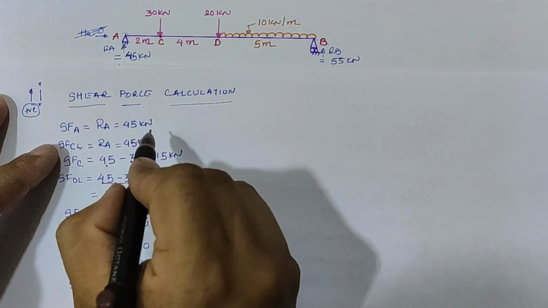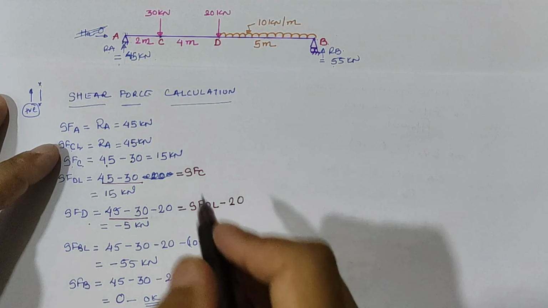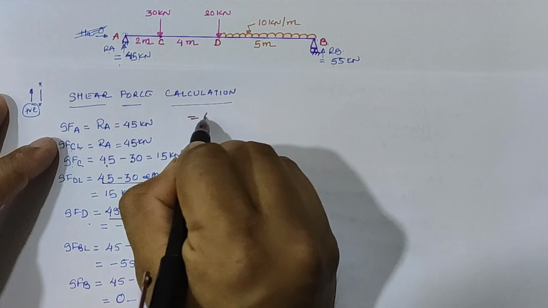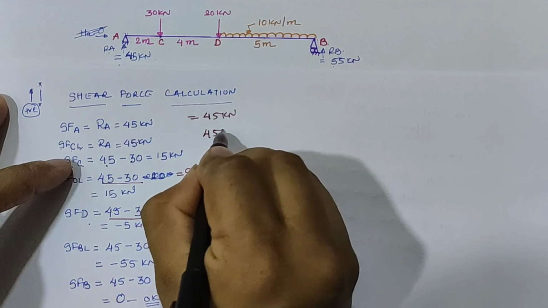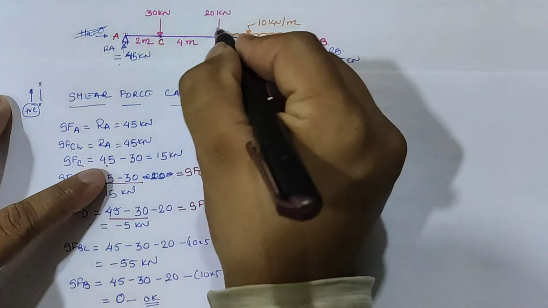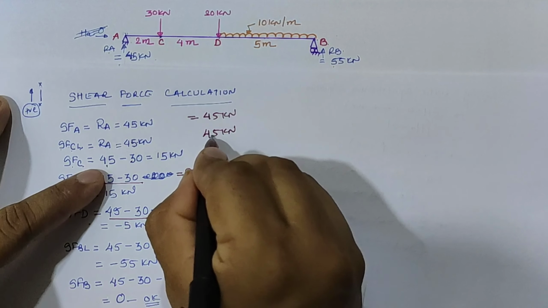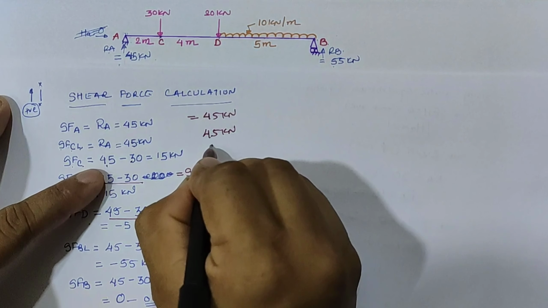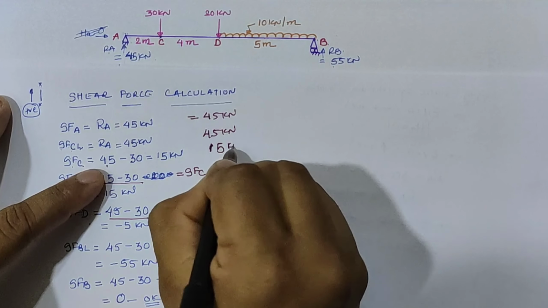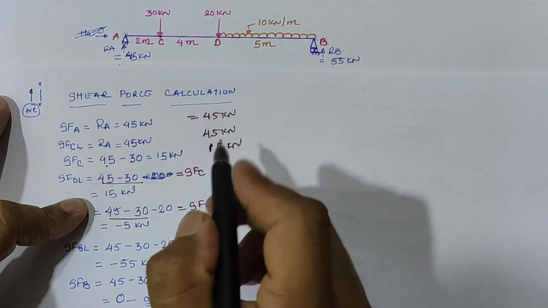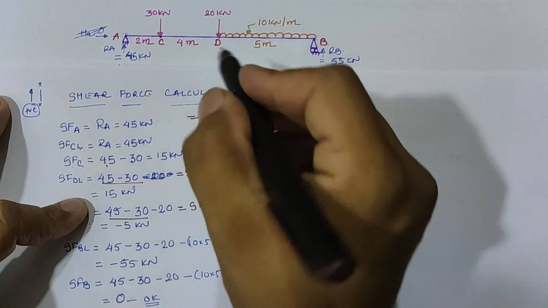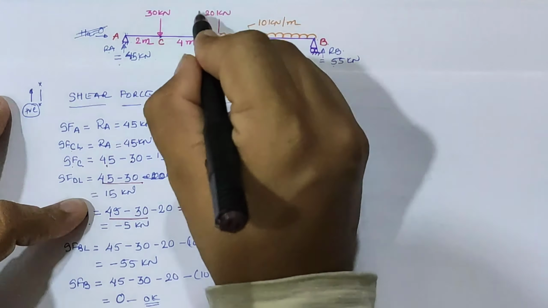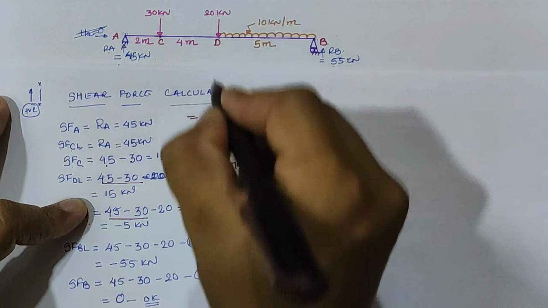Hence, for smarter calculation, we are going to use 45 kilonewton as the first value, then 45 as a repeating value, then at point C directly 45 minus 30, which is equal to 15 kilonewton. At point D at the extreme left our value is 15 kilonewton. Now on D, 20 kilonewton is the newer load, so 15 minus 20 is equal to minus 5.